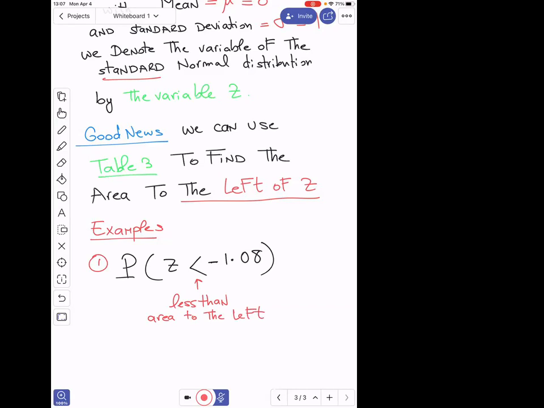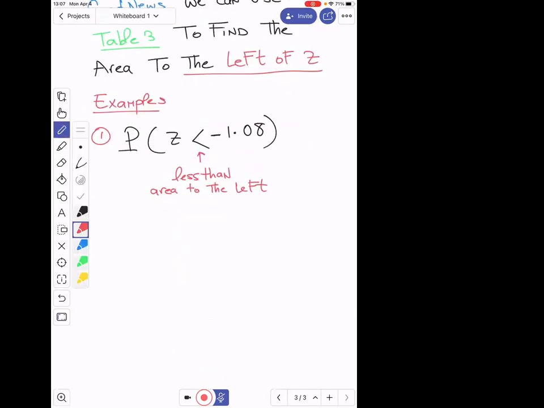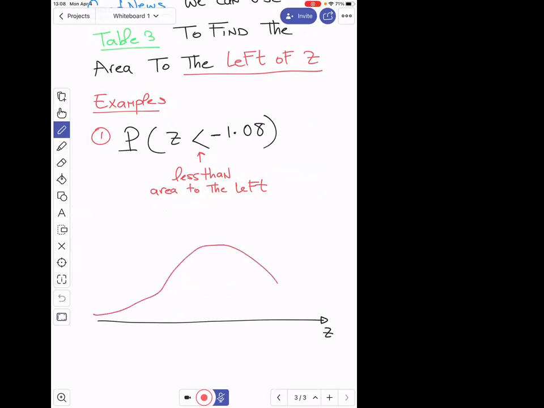So here what I'm saying is, we have this standard normal distribution. So instead of the variable X, we have the variable Z. And so it's a normal distribution again, right? Now the mean of the standard normal distribution is going to be 0, and the standard deviation sigma is 1.